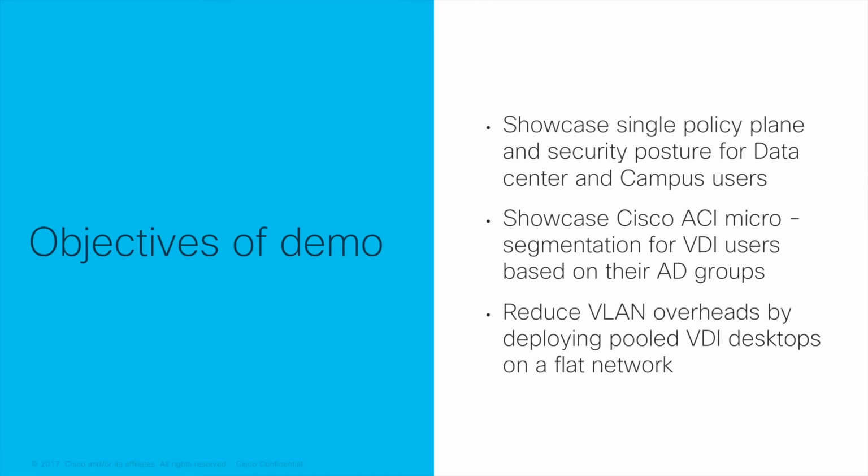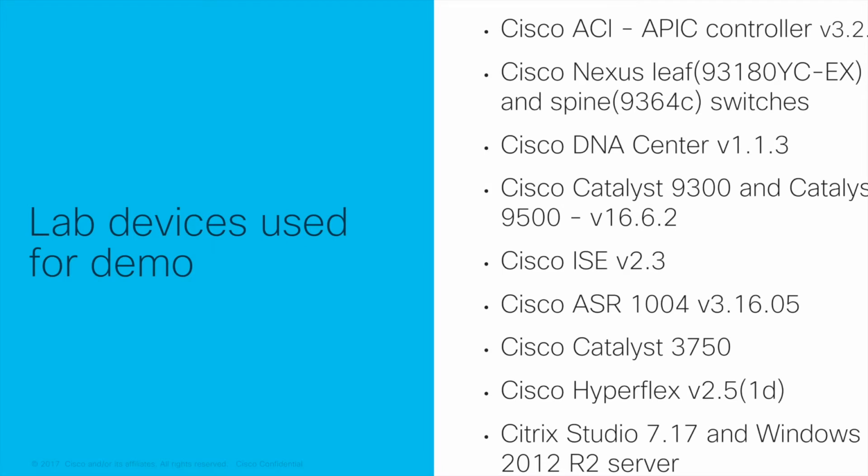We will also see how this architecture benefits customers who want to move away from multiple VLAN-based segmentation of their VDI infrastructure and instead like to see one flat subnet for deploying VDI desktops. Microsegmentation feature of ACI helps achieve all this with inbuilt security between the VDI desktop endpoints. The devices used in this demo and their versions are as shown here.